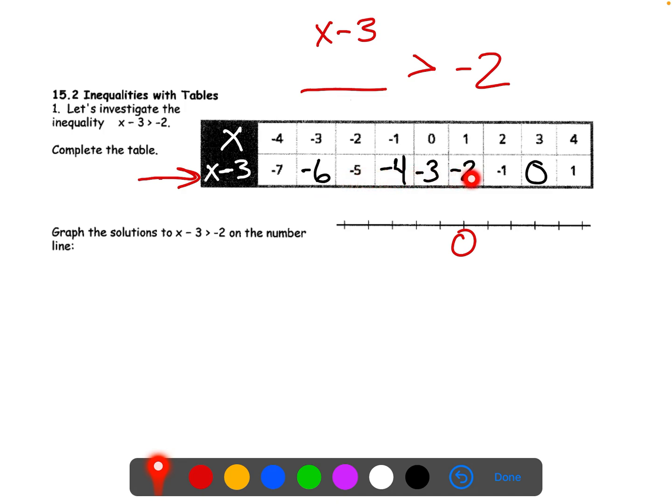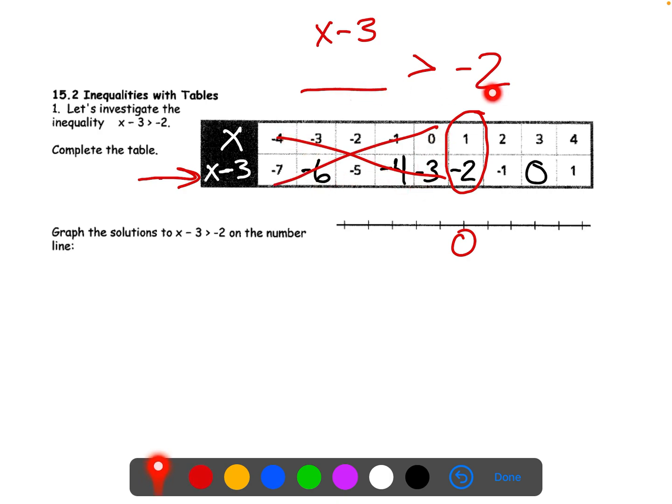Negative 2 we need to be careful because if this was greater than or equal to, this would be true, this would be correct. So this is kind of a turning point here in our table. Okay, in this case, it's not a solution, it's not correct. So all of these previous are not correct values for x.